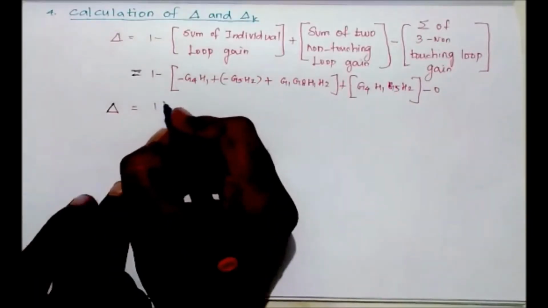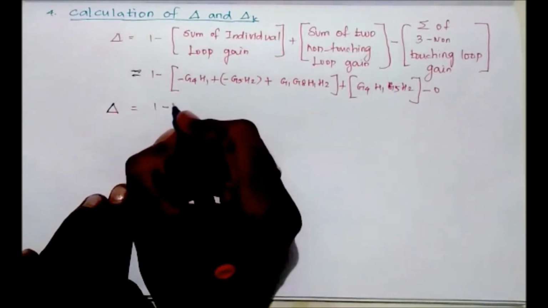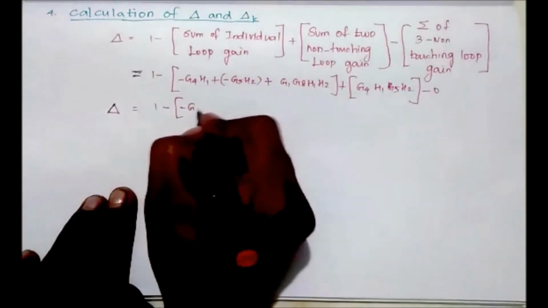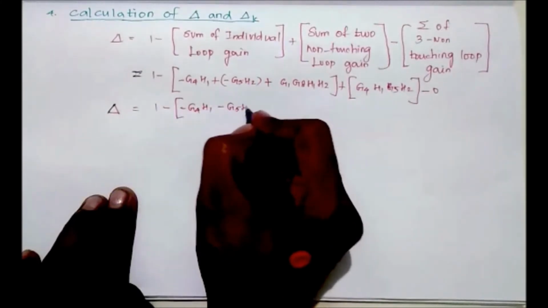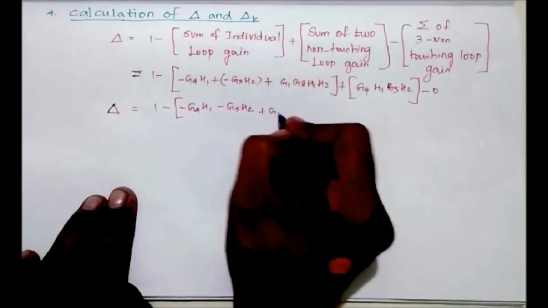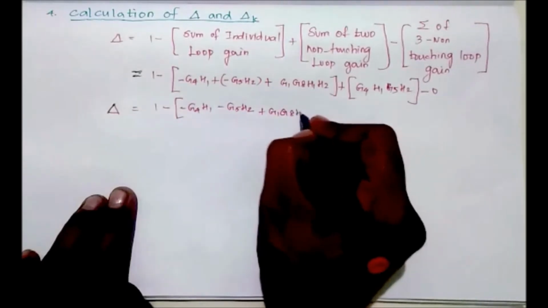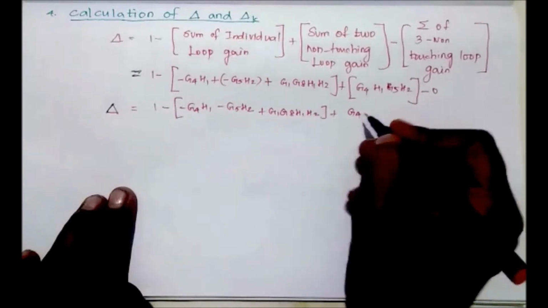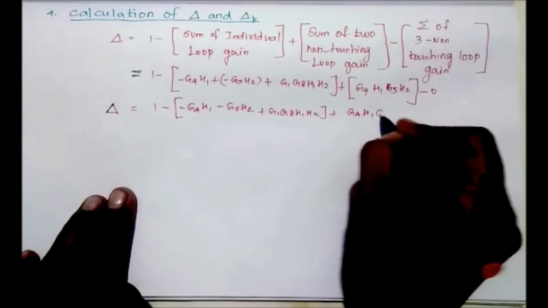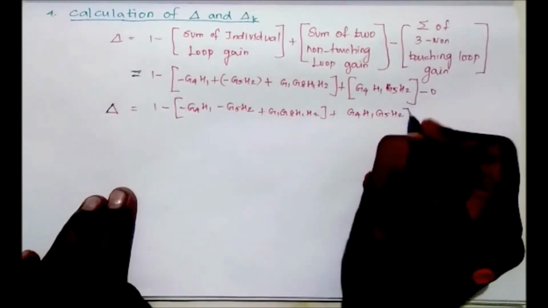Now del equal to 1 minus G4 H1 minus G5 H2 plus G1 G8 H1 H2 plus G4 H1 G5 H2.